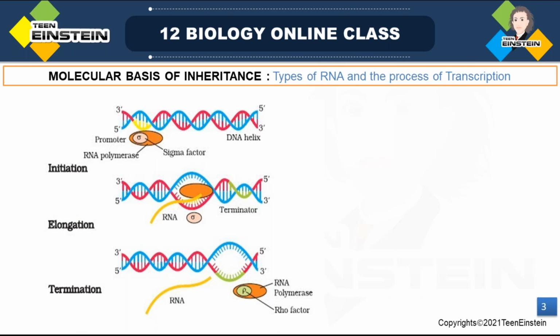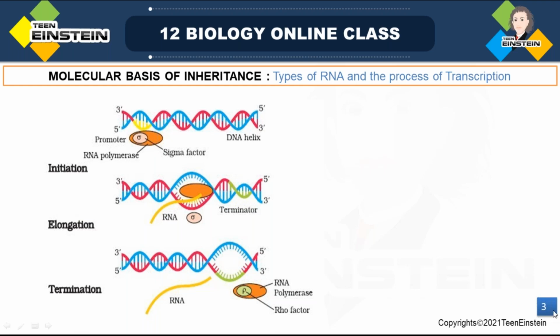Got it? Then, in bacterial protein synthesis, the mRNA provides the template, and tRNA brings the amino acid and reads the genetic code.